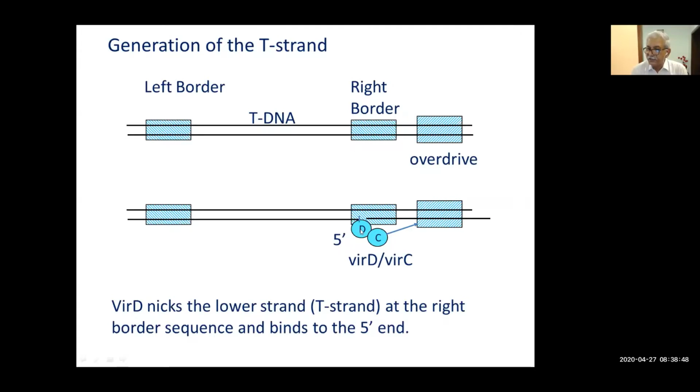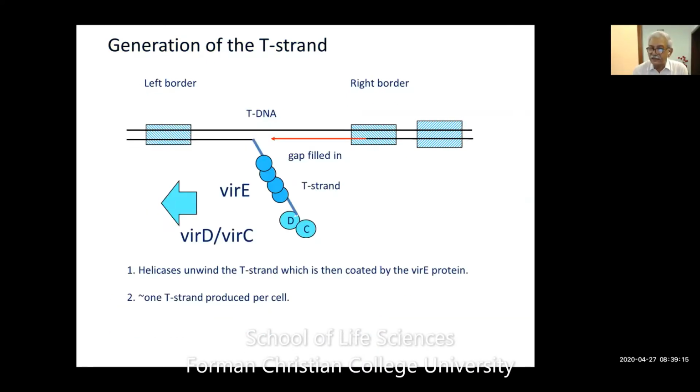Okay, because the basic function is by VirD2, which produces a nick here, and then which are the proteins which separate the two DNA strands? They're the helicases. The helicase proteins come in, and after the nick, they start separating these two strands. Okay, so these two strands start getting apart from each other.